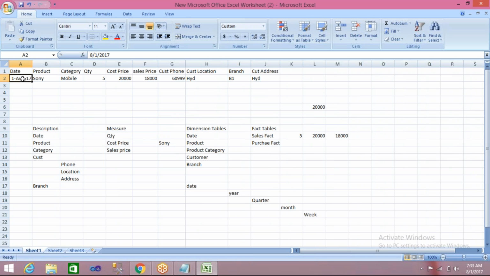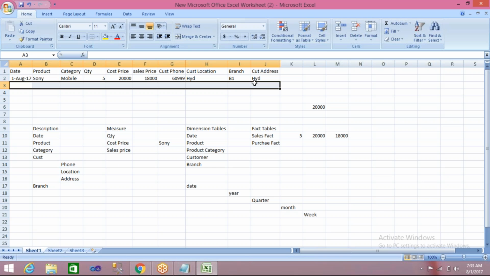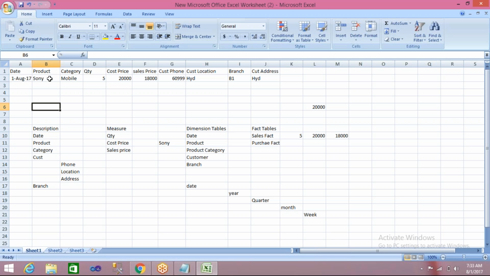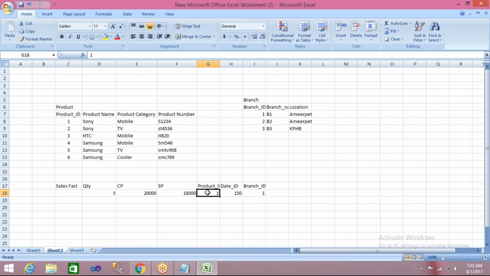If I go to the same branch and purchase the same Sony Mobile again, a second record will be created in the transactional database. So we will get multiple entries for one product.